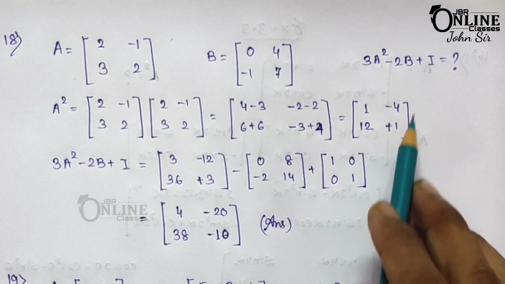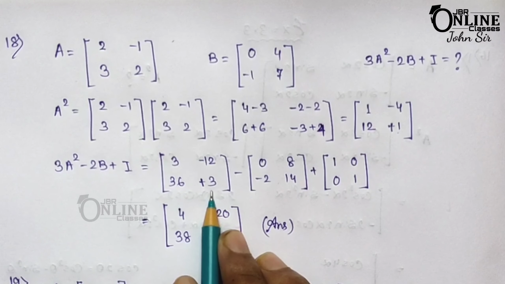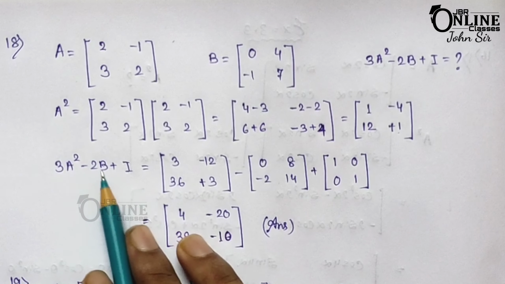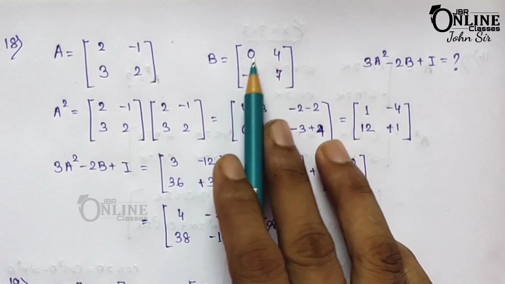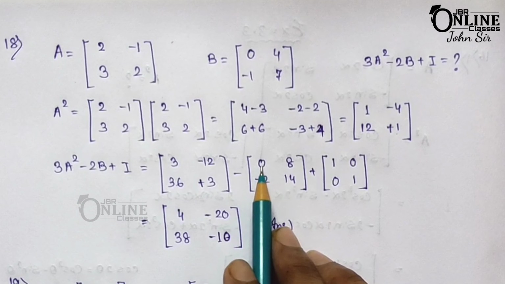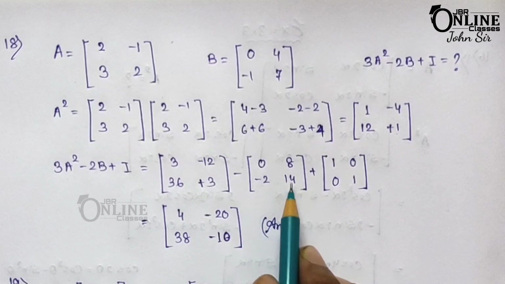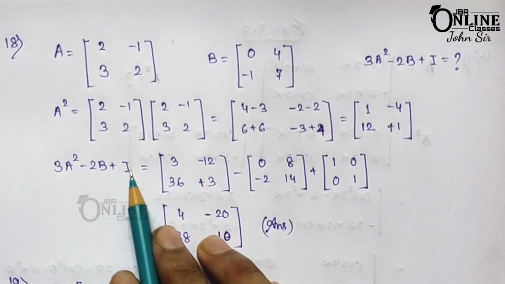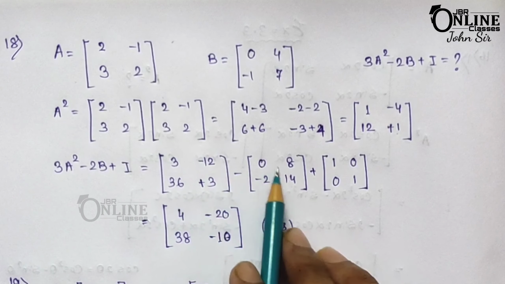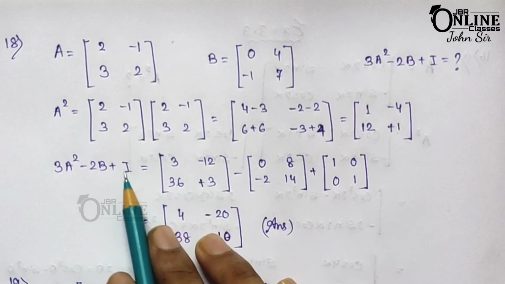As here 3A square, that means you have to multiply 3 with these elements. So first one 3, second one minus 12, then here 36, and last one will be 3. Now here minus 2B, that means 2 will be multiplied with each and every element. So 0, 8, minus 2, and 14. And last one identity matrix, as all the matrices are in 2 by 2 order, so this one will be 1 0 0 1.